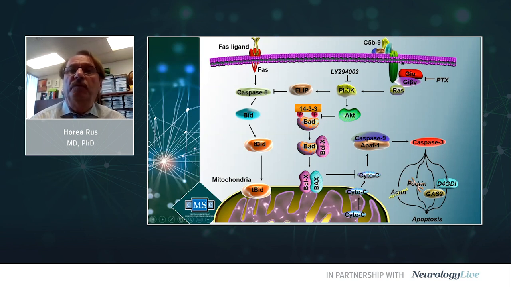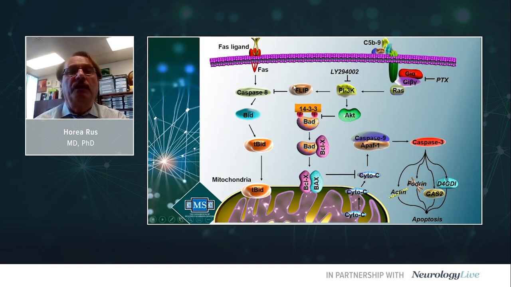C5b29, which is inserted in the membrane, attaches Gi protein, activates PI3 kinase, and activation of PI3 kinase leads to AKT activation, and AKT phosphorylates BAD and prevents it from inserting in the mitochondrial membrane, because the phosphorylated BAD is sequestered in the cytoplasm by a protein named 14-3-3.